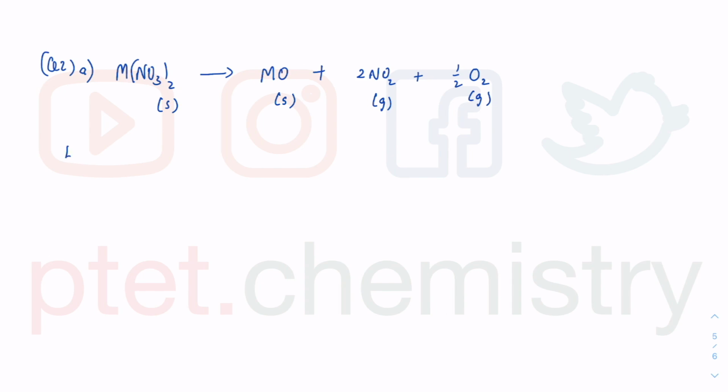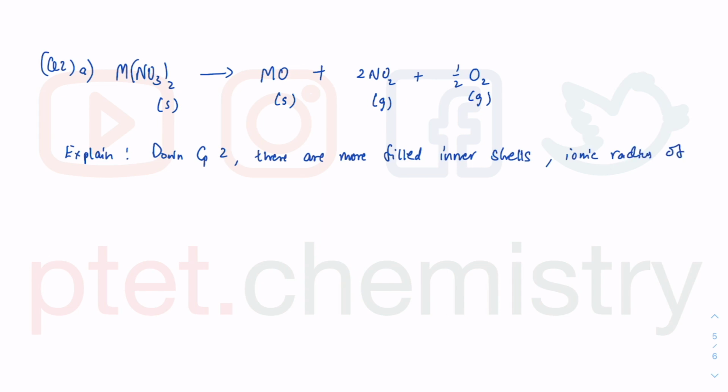I typically like to explain first. Essentially how you explain it is down group 2. So down group 2 there are more filled inner shells. As a result of it, the size of the cations, so the ionic radius of the cations, the M2+, increases.